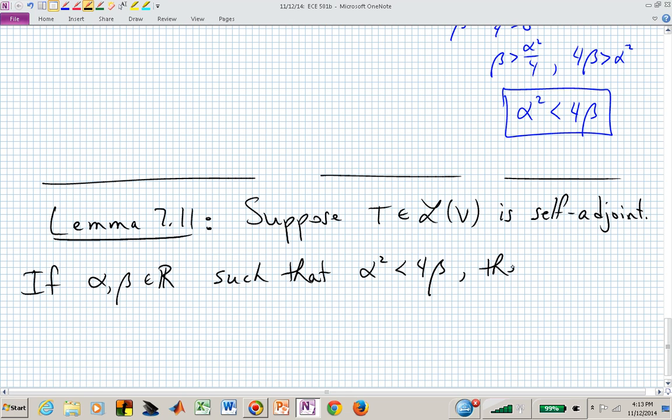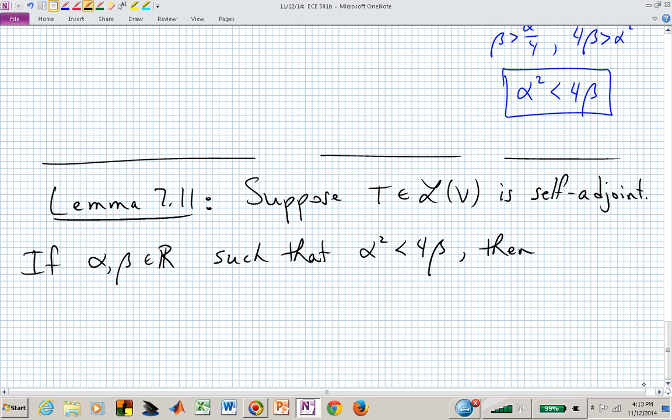Then we have T, which is self-adjoint, and we have alpha and beta such that alpha squared is less than 4 beta. Then the following operator, T squared plus alpha T plus beta I, is invertible.